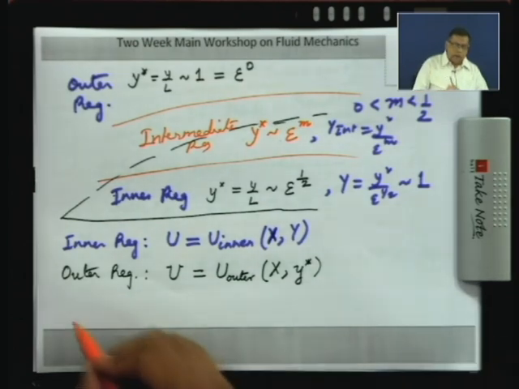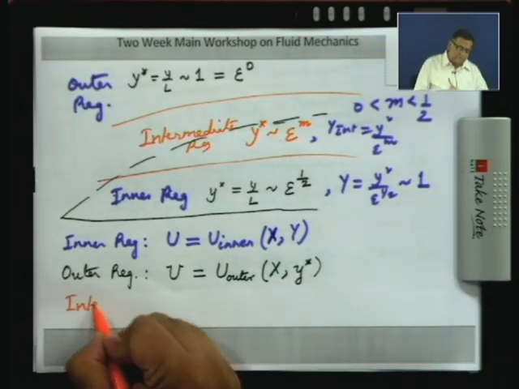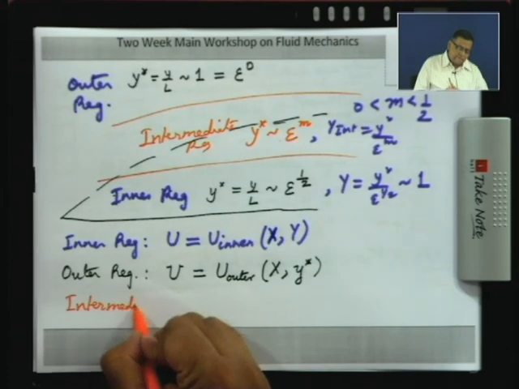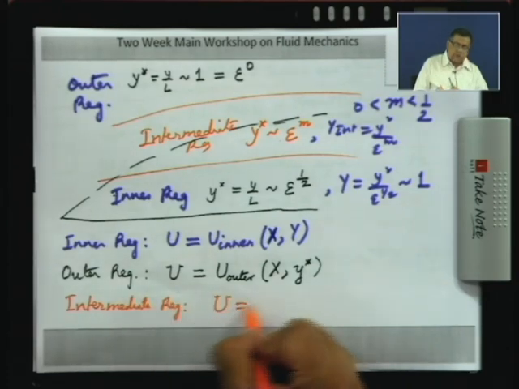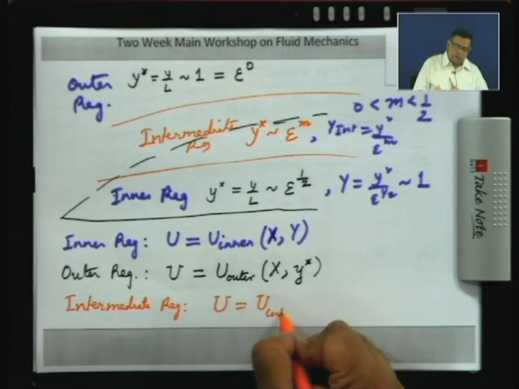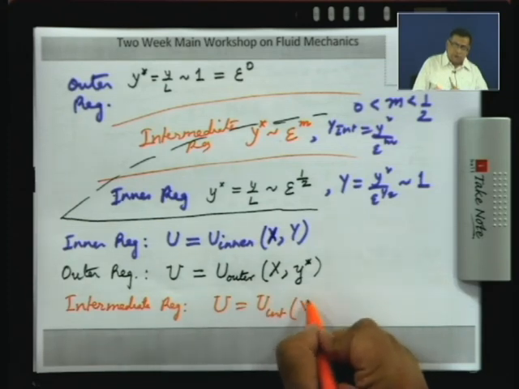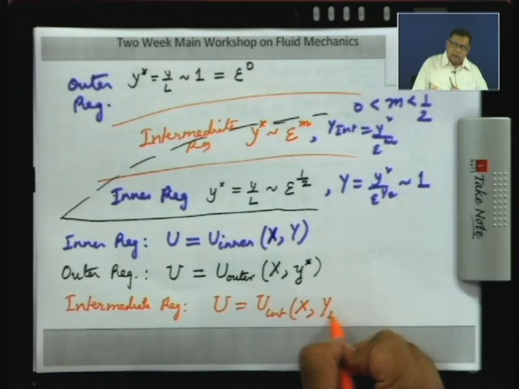Now, in the intermediate region this can be written as some u intermediate of the order 1 coordinate which is capital X and now what we are calling capital Y intermediate.